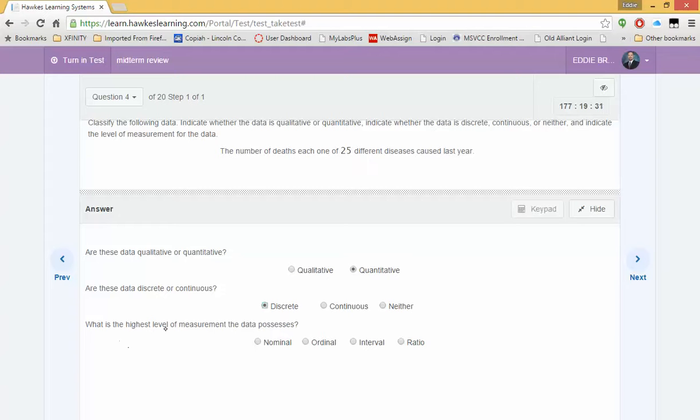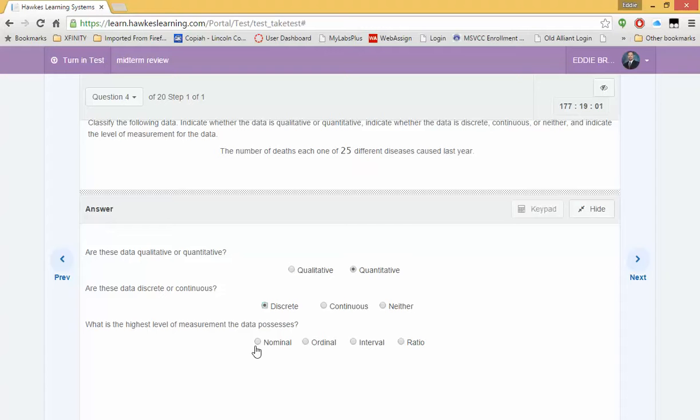And then what is the highest level of measurement the data possesses? So these levels that are listed here are from, I guess you could say, simplest to most complex in a way. Remember, nominal are just like types. So maybe colors or maybe male and female, or independent, Republican, Democrat.